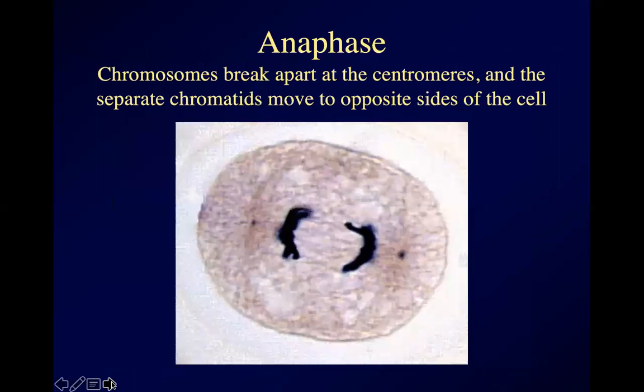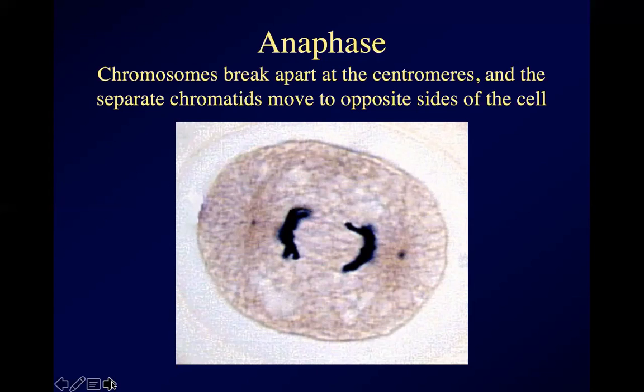Now what? Remember that at the beginning of cell division, every chromosome consists of 2 chromatids, and the chromatids are stuck together at one spot, usually but not always in the middle of each one, called the centromere. In this third stage called anaphase, the chromosomes break apart at the centromere and the separate chromatids move to opposite sides of the cell.